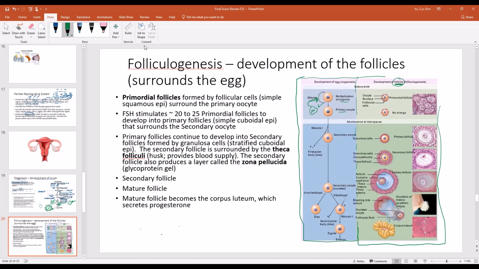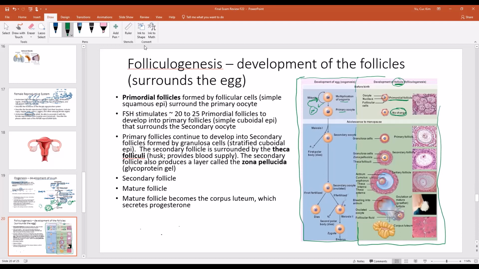These follicles that surround that oogonia are called the primordial follicle. Here's the thing though. During fetal development, that primordial follicle undergoes no change. So really the only thing that's changing is what?